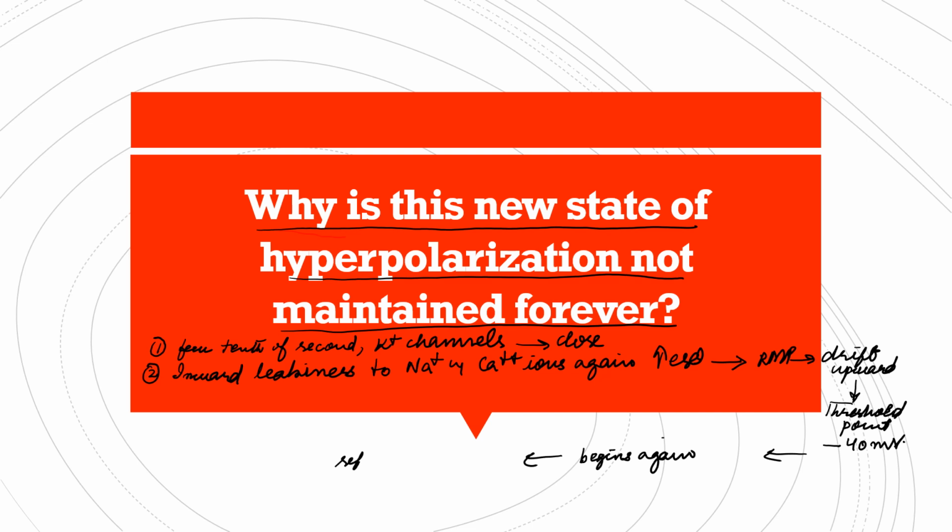This is why we say that the sinus nodal fibers have the property of self-excitation, and this self-excitation then leads to generation of a new action potential. Then the cycle repeats again.